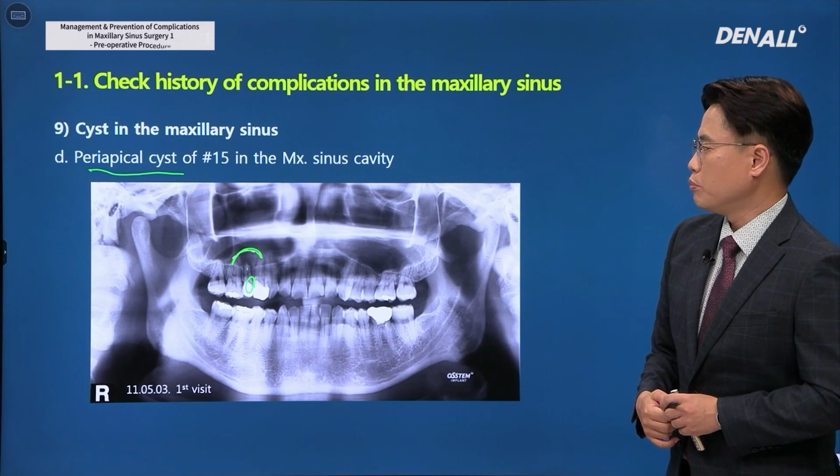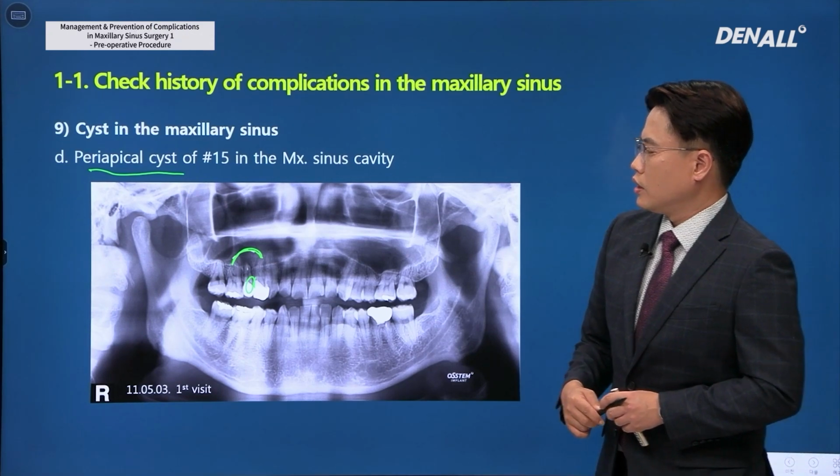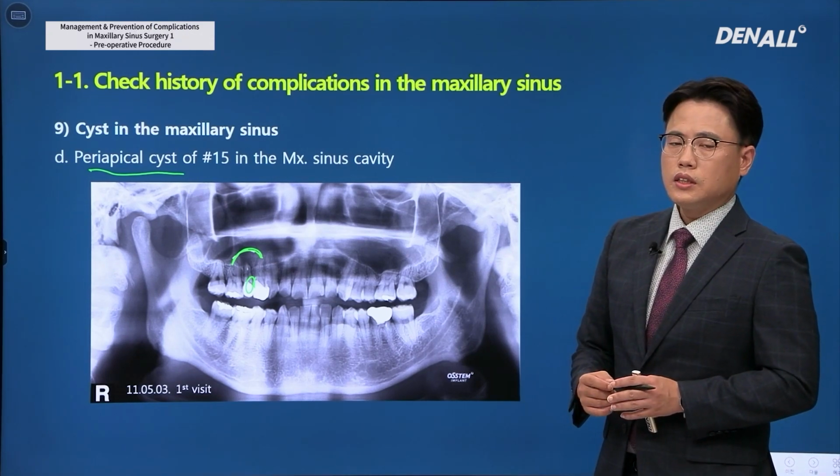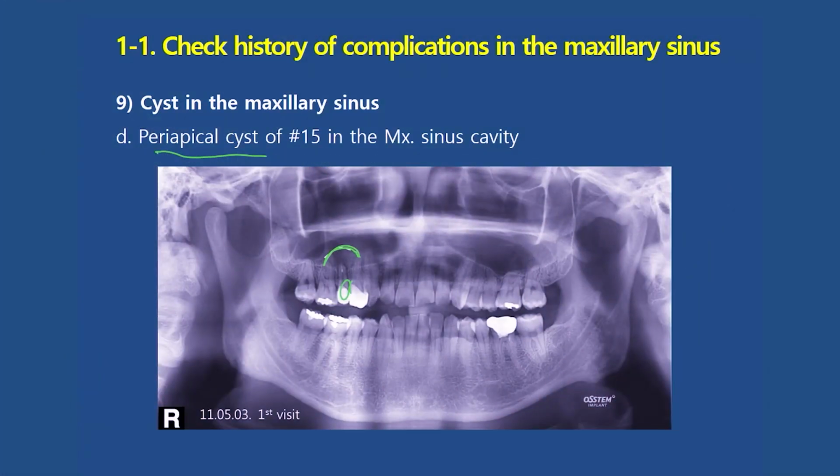In the case of mucus retention cyst, you can proceed to surgery as is, but in the case of periapical cyst or residual cyst, this can be an infection focus, therefore you need to differentiate them. In the case of radicular cyst, you need to remove it or take relevant actions before proceeding with surgery.